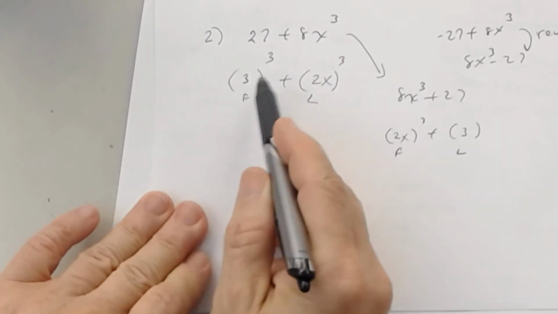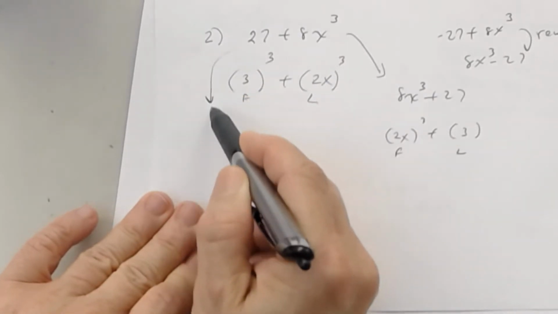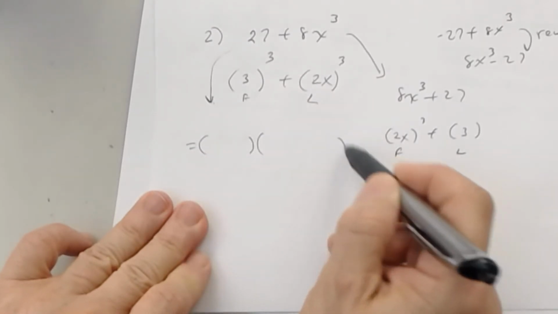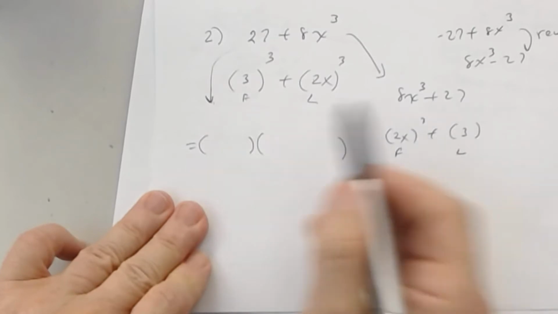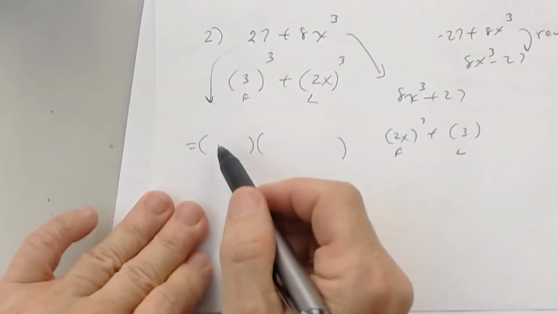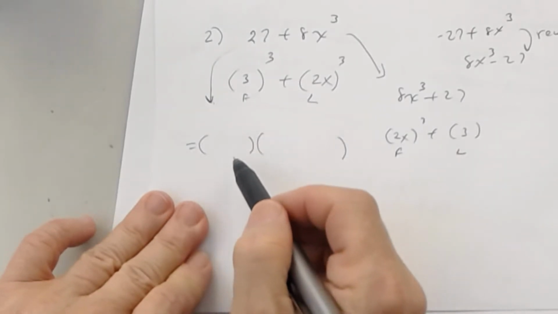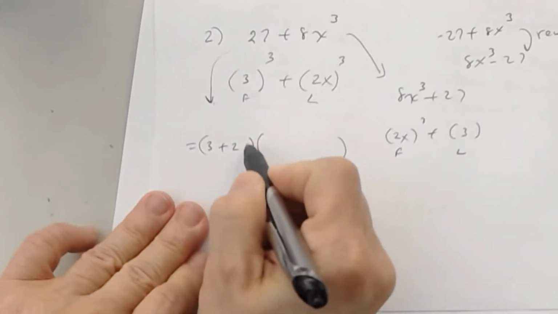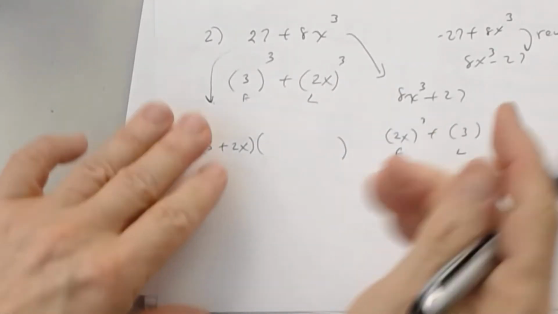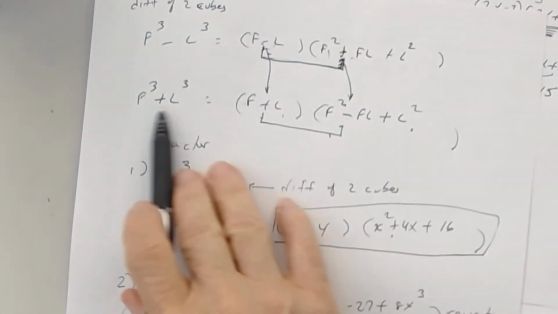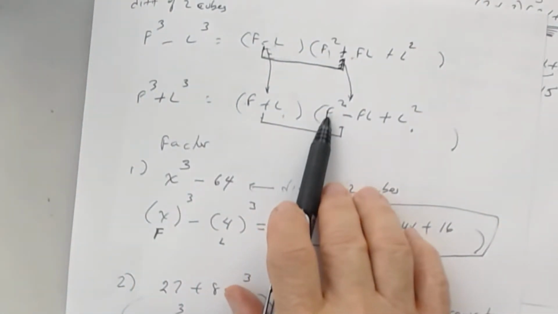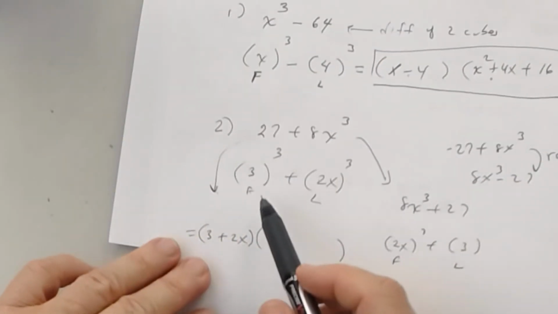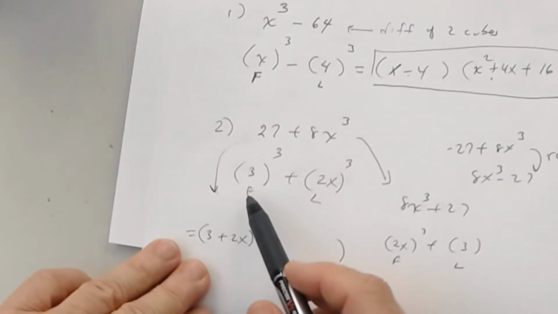And so I know that when I factor the sum of two cubes, I'm going to get a binomial times a trinomial. What is the binomial? The binomial is always the easiest to fill out. 3 plus 2x. Good. The trinomial, if you go back to the formula, says I take f and multiply by itself. What's f in this case? 3.